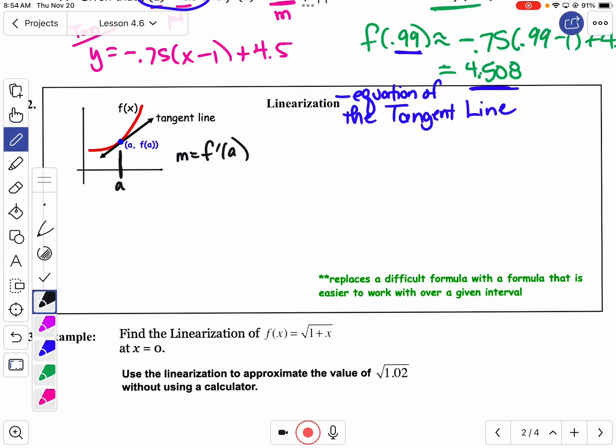F prime, and it's at a. Yep, so we're doing the point a. My ordered pair, we're just writing this in general terms, is a, f at a. So when I write my tangent equation, it's going to equal my slope, f prime at a, times x minus my x value, which was a, plus my y value, which was f at a. Okay?